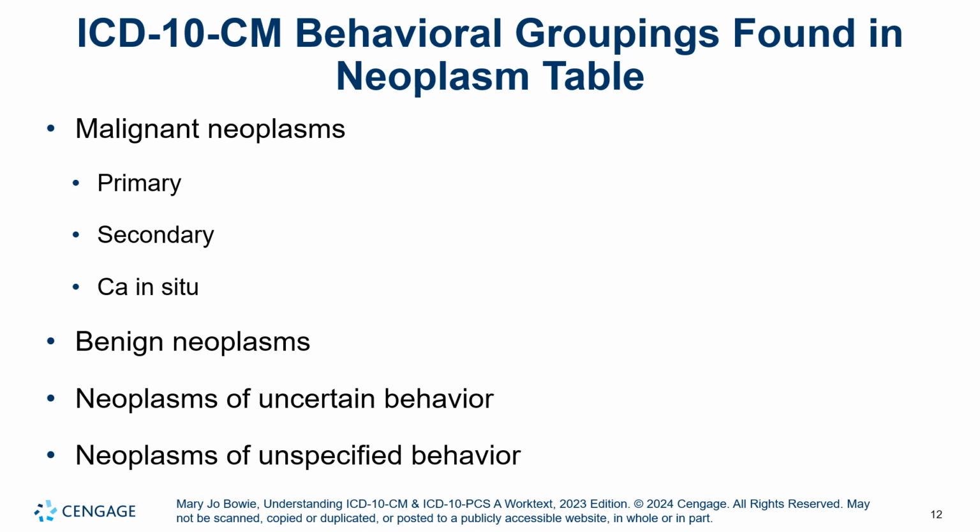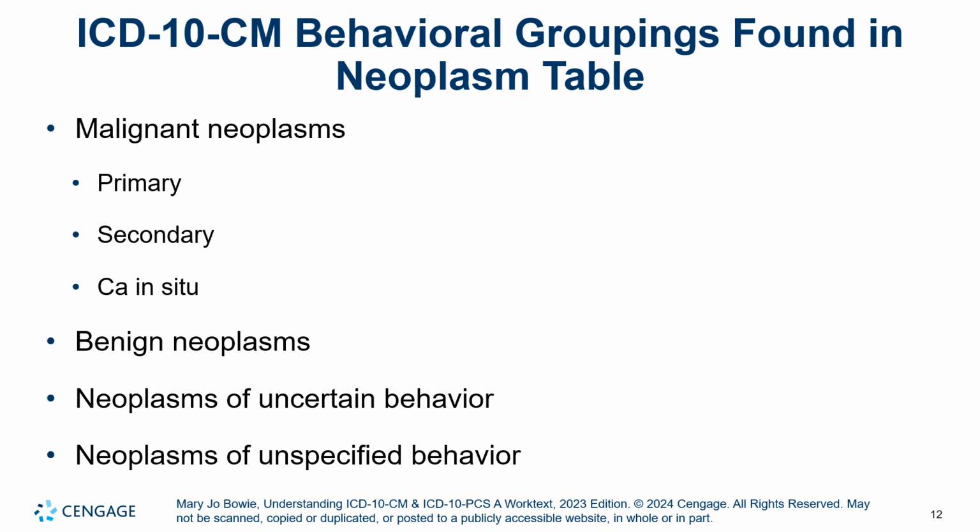Okay, so behavioral groupings found in the neoplasm table. When you go to the neoplasm table in your index, you are going to find malignant neoplasm, benign neoplasm, neoplasms of uncertain behavior, and neoplasms of unspecified behavior. They are going to be located within the table along the top in columns.